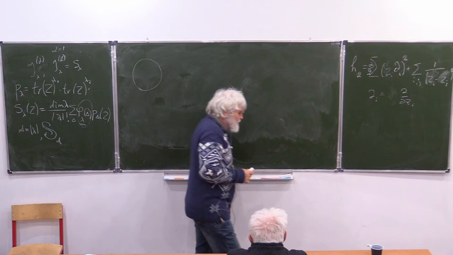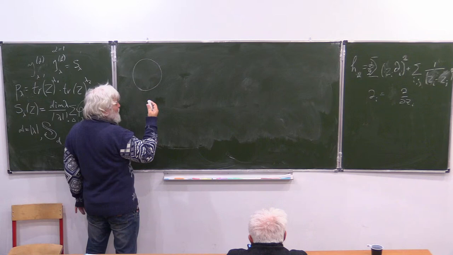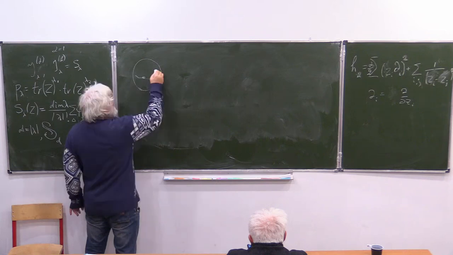We have the simplest graph on the sphere, which is the equator, with a vertex on the equator. It is just the result of gluing two disks.